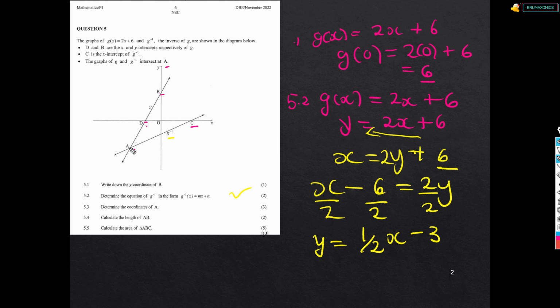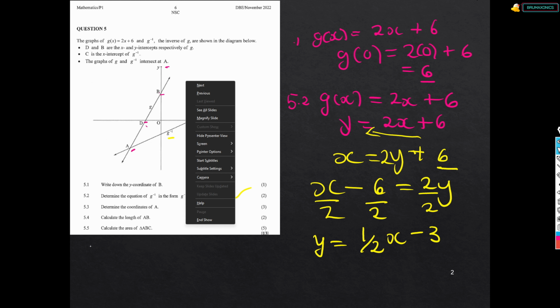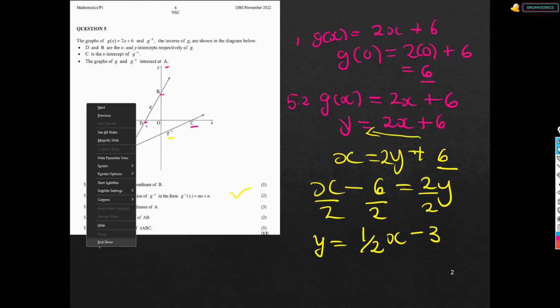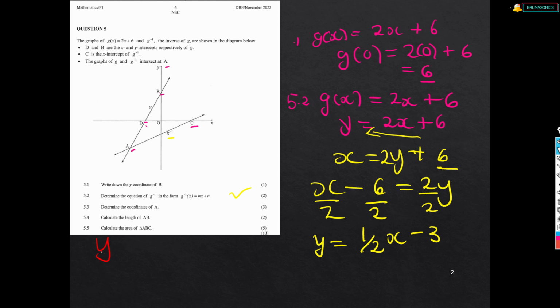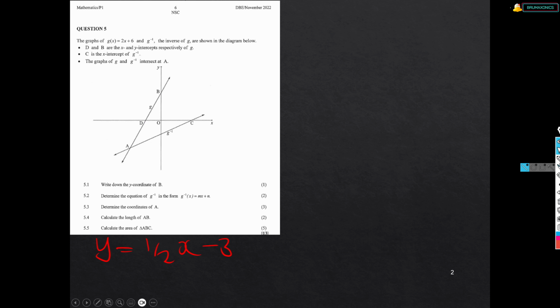Determine the coordinate of A. So in order for us to get the coordinate of A, we need to know what this equation is equal to, and we already have that. I'll write it here to say this will be y, which is equal to 1 over 2 x minus 3, right? So that's what I wanted.